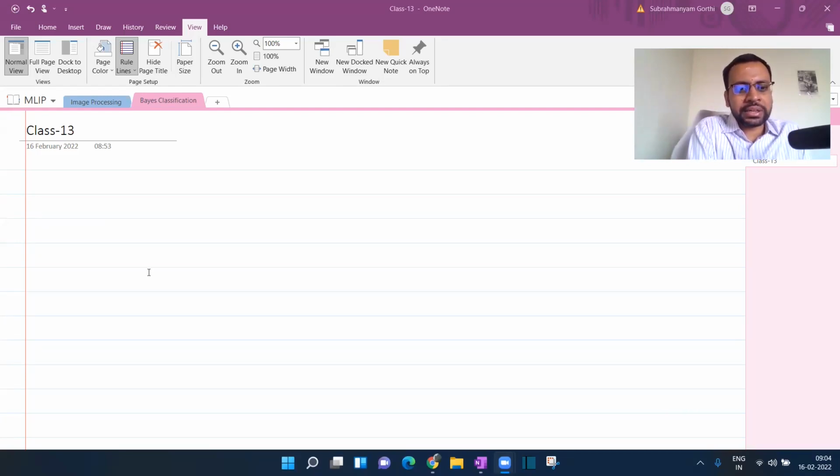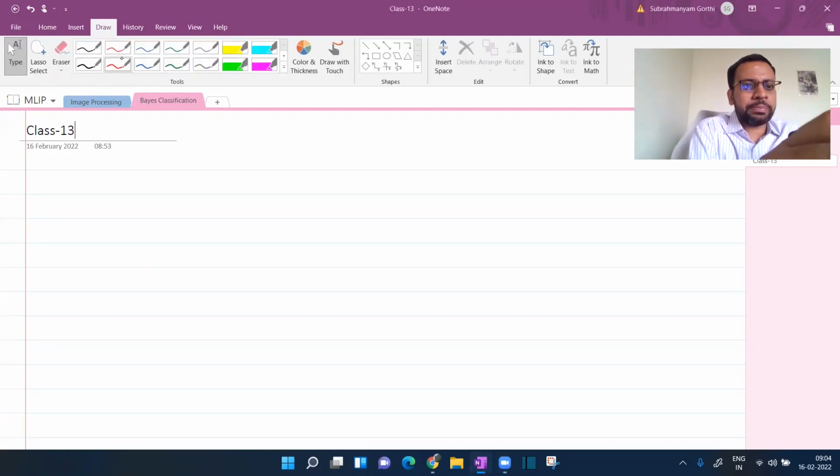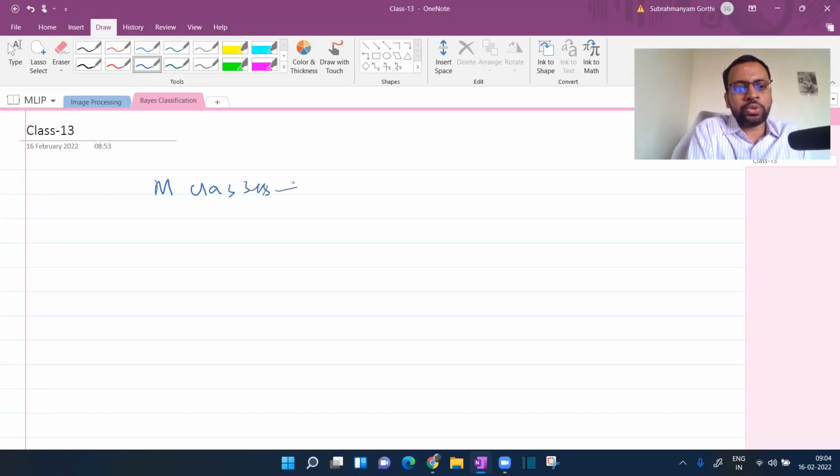Let us consider that there are m classes into which we want to classify a given sample characterized by its feature vector. Let the classes be omega 1, omega 2, and so on, omega m.